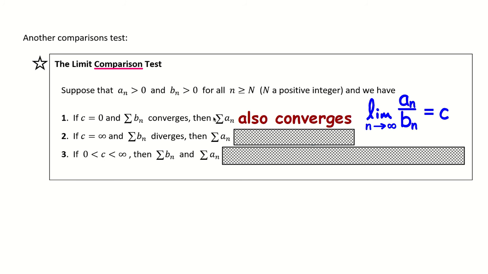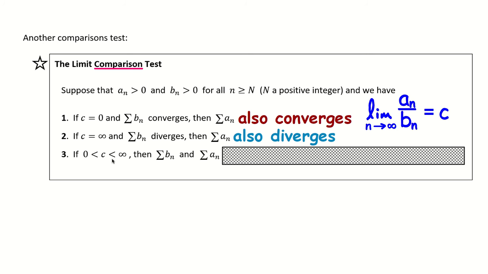You can conclude that your series converges if this is the case. Now, you could also have this as the case and be in business. If you end up with a limit of infinity and your comparison series diverges, if you have that magical combination and the stars align that way, you could say that your series also diverges, and you can make that conclusion.